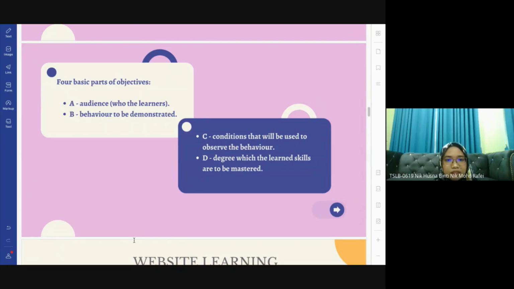And then C, conditions that will be used to observe the behavior, which means the topic, or perhaps for noun, we can say common noun, proper noun. And then the last one, D, degree, which is the level to which the learned skills are to be mastered, which is how many we want them to be able to obtain. For example, 5 out of 6 questions they are able to achieve.